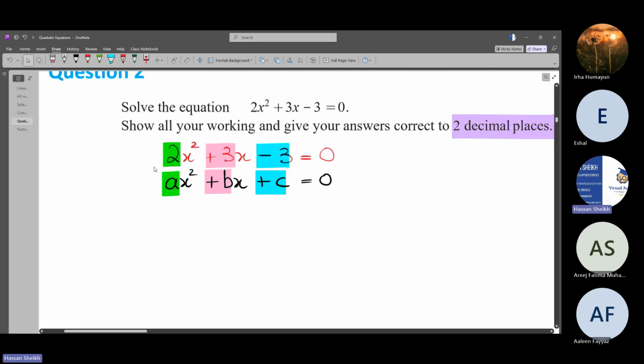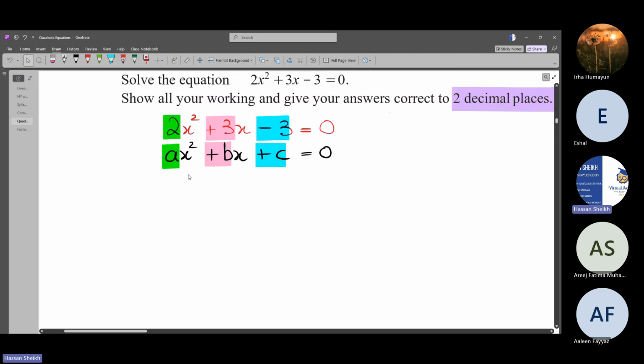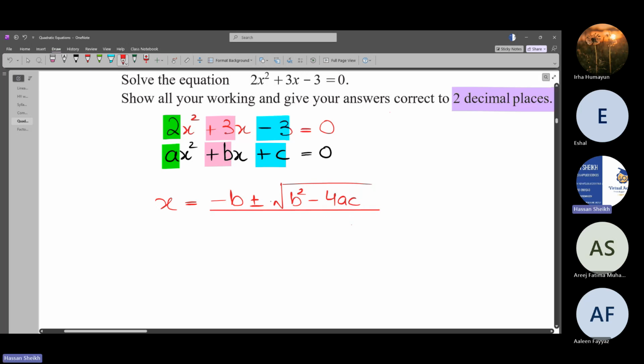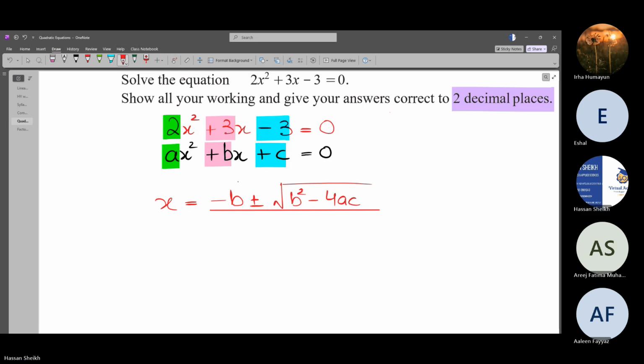Minus 3. And let's write the formula. That is the next step. The formula is x equals minus b plus or minus square root of b square minus 4ac over 2a. Now after writing the formula, we need to substitute the values.